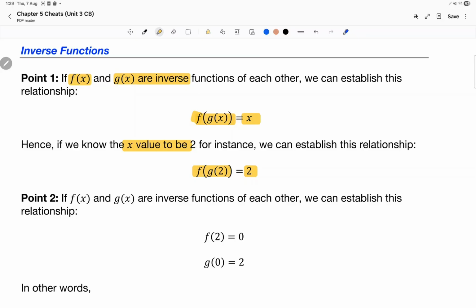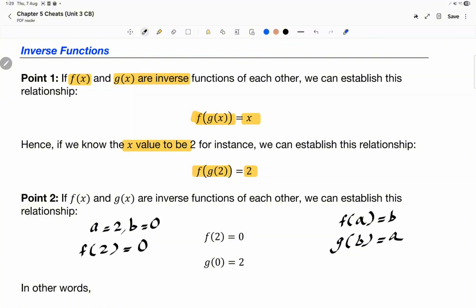Okay? Now, what does it mean to be inverse functions? If f of a is equal to b, then g of b is equal to a. So if a is 2, if b is 0, then f of 2 is equal to 0, and g of 0 is equal to 2.